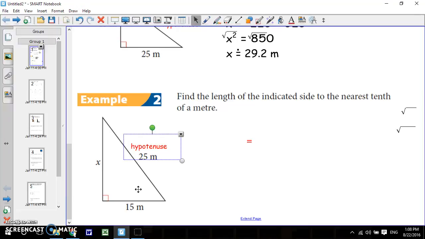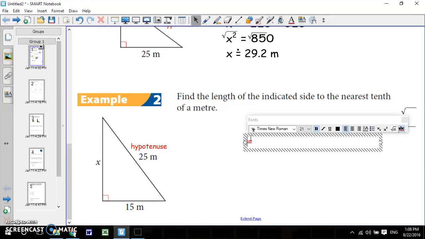Therefore, when you set up your Pythagorean Theorem statement as a formula, you will be using 25 squared as your c squared. And the right side of the equation reads x squared plus 15 squared.